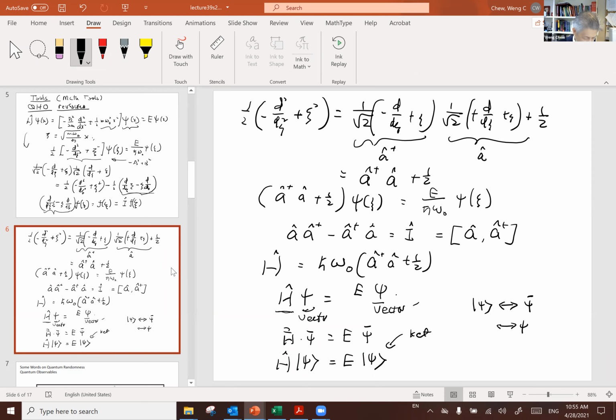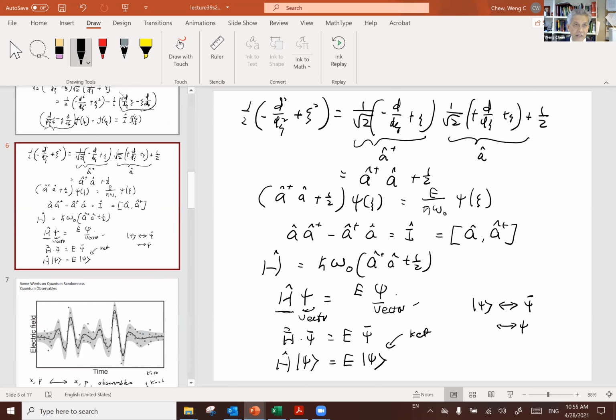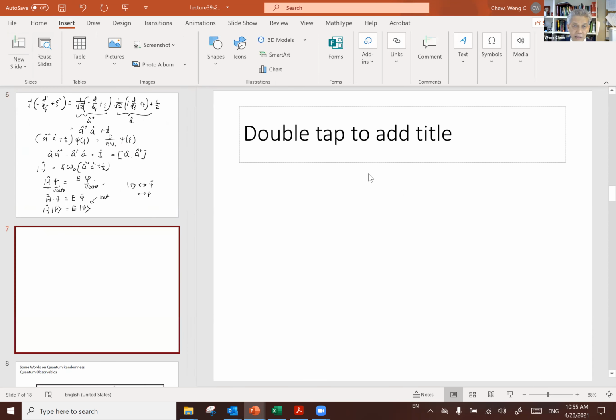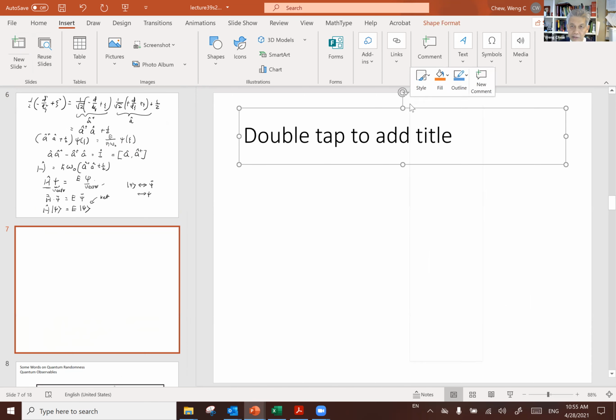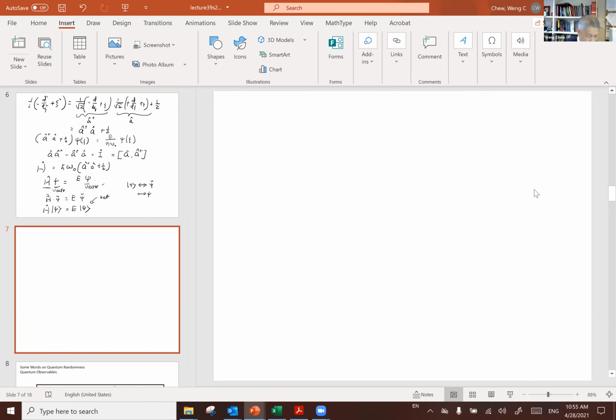Okay, so if we have things such as this one, then we have enough tools to actually derive the coherent state. Okay, and before I move further, I'd like to mention a little bit about the property of this annihilation and creation operator, which I don't have time to derive, but it can be derived by back substitution quite easily. Okay, so what you can show is that if I have an annihilation operator operating on the photon number state, it will actually lower the state by 1.